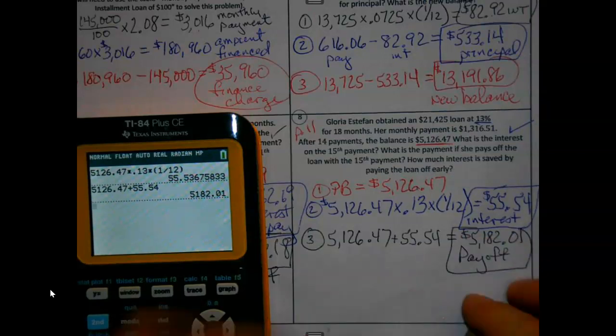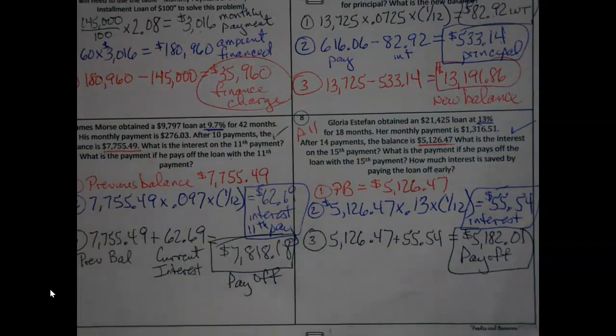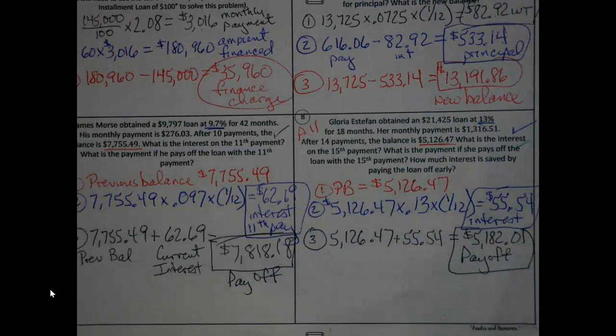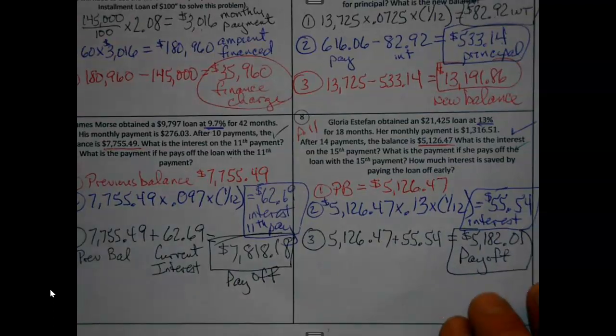So that would be the amount I would owe to pay this completely off, but there's one last question this time. Holy cow, Hardy. How much interest is saved by paying off the loan early?